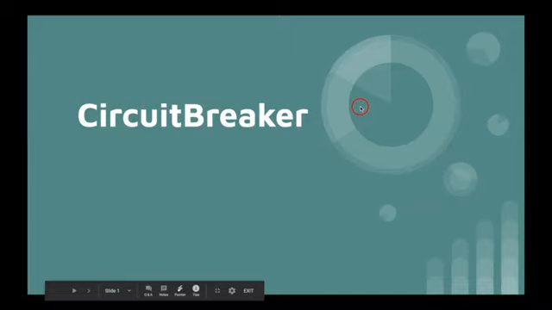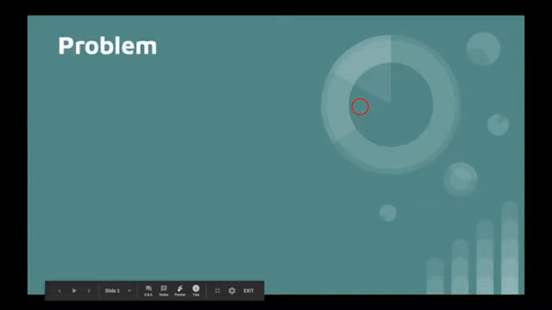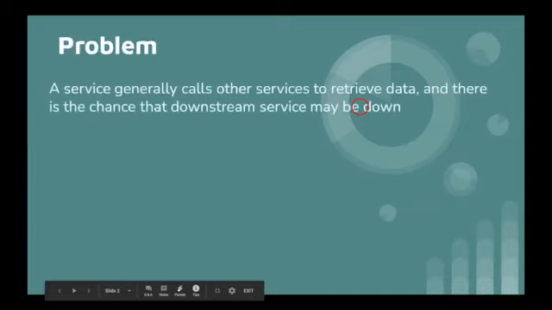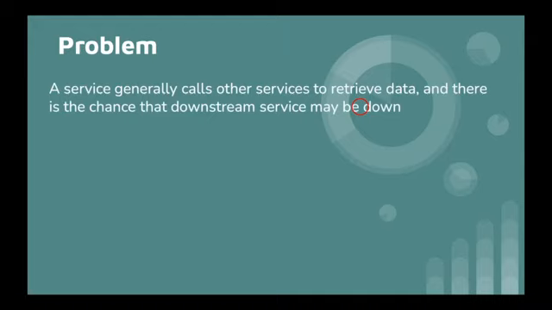So first of all, what is a circuit breaker? Before that, what are the problems that we are facing? Let's say we have A service, and if A service is calling B service internally and B service is down for a particular time, how are we going to handle that scenario?